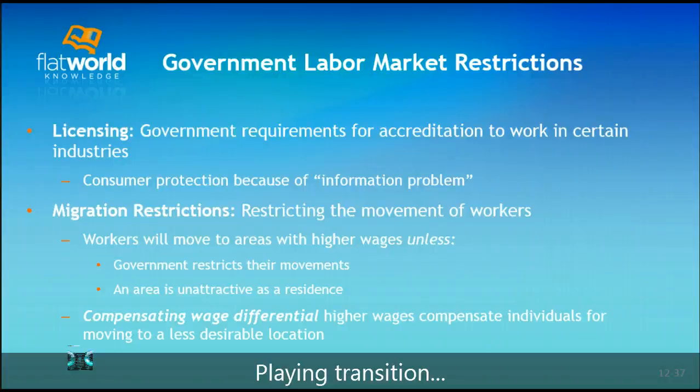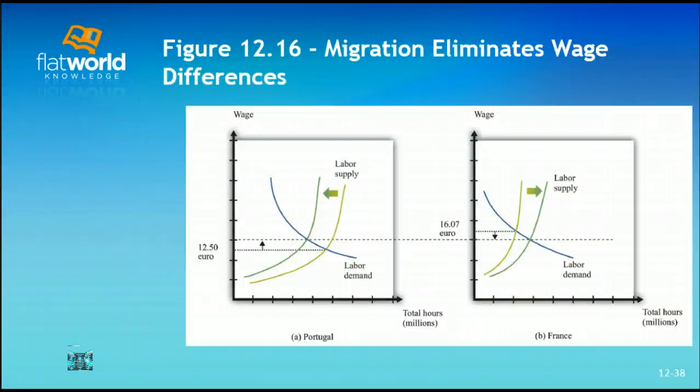Now, let's just look graphically at what can happen in a situation. I believe your book gave you Portugal and France. It was assumed that Portugal was the more attractive place to live, and France was less attractive to the workers.